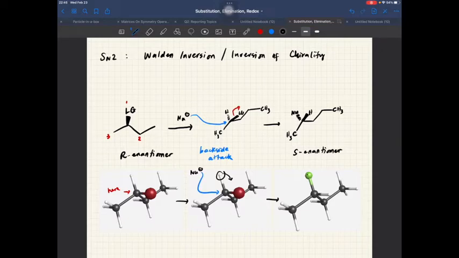So this is our nucleophile, and this is the hydrogen that is pushed to the front, forming this type of conformation. If we examine the chirality of this molecule, this now is an S enantiomer compared to its previous chirality, which is an R enantiomer. So this is what we call Walden inversion, or inversion of chirality, which occurs for SN2 reactions.